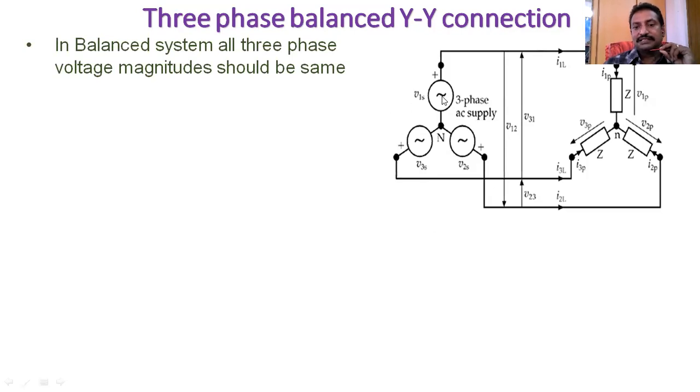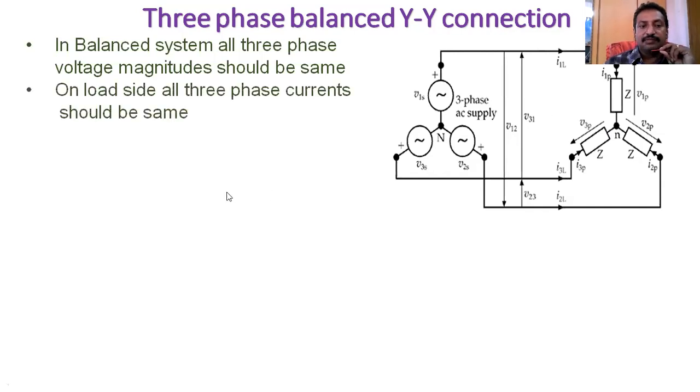The source is represented with a circle, meaning an AC voltage source, with a sinusoidal representation. So three voltage sources are there in the R phase, Y phase, and B phase. Similarly, there are three impedances, R phase impedance, Y phase impedance, and B phase impedance. The supply and impedances are both in star, with equal magnitudes.